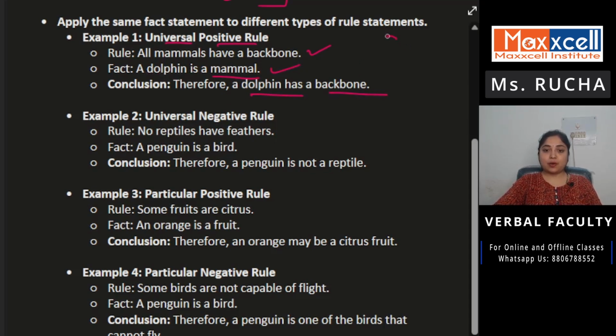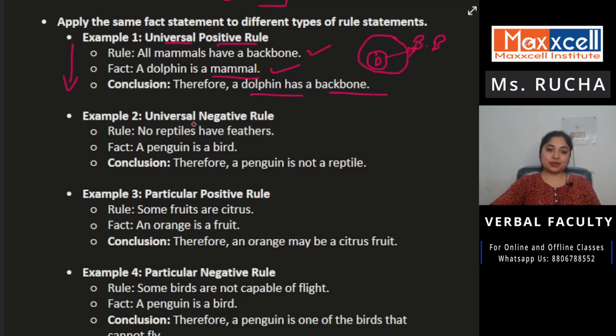We are saying all of them have a backbone. All the mammals have a backbone, and dolphin is also a mammal. Automatically, dolphin has a backbone, right? This is how a logical conclusion can be concluded, right?